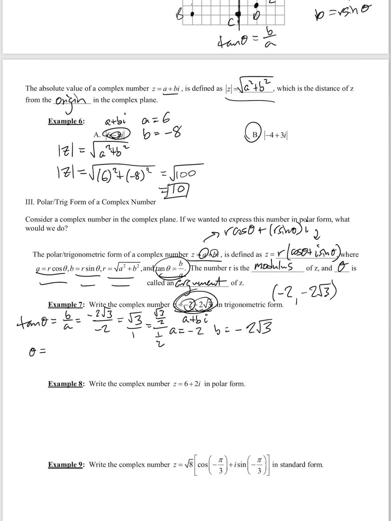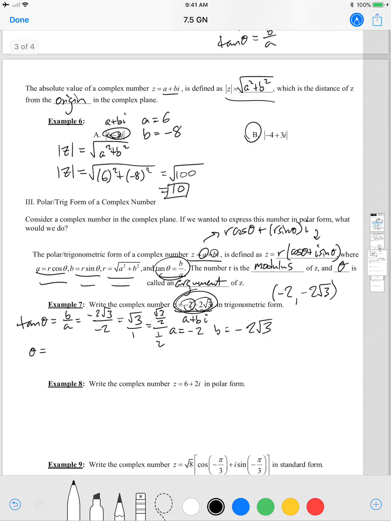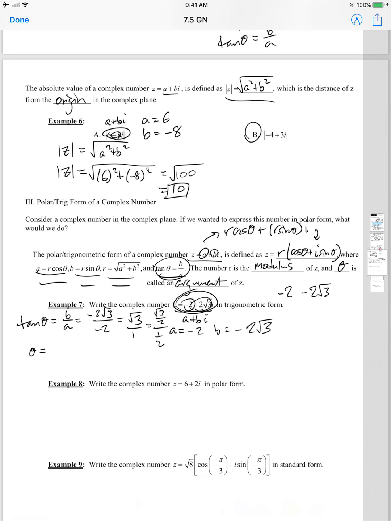What quadrant is that in? If I were to graph this complex number, where would it go? Negative 2 is the real part, then minus 2 square root of 3i, that's somewhere down here, right? So that's in the third quadrant, and in the third quadrant is that pi over 3 or 4 pi over 3?